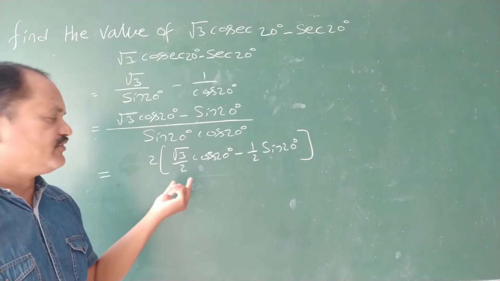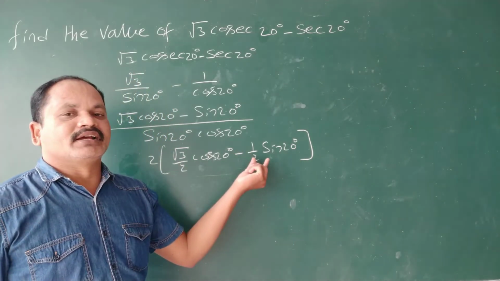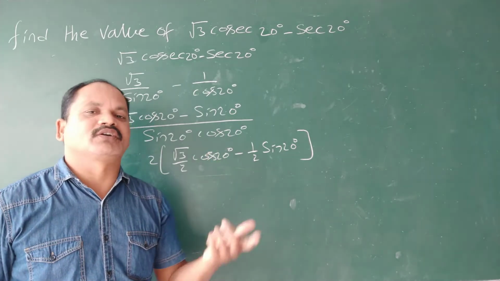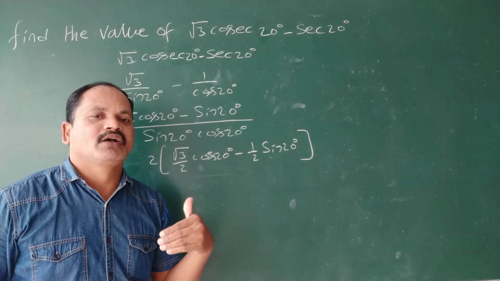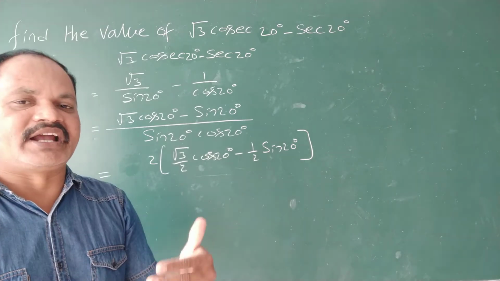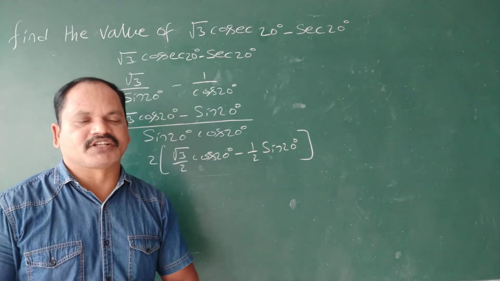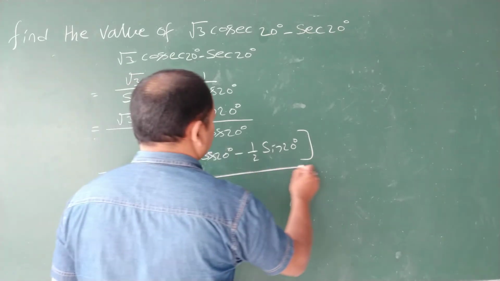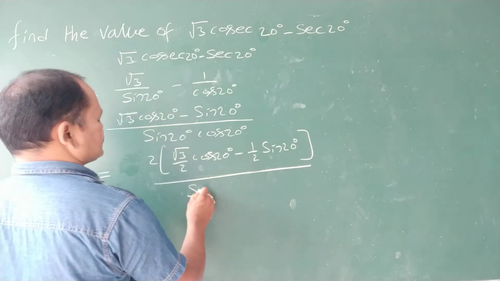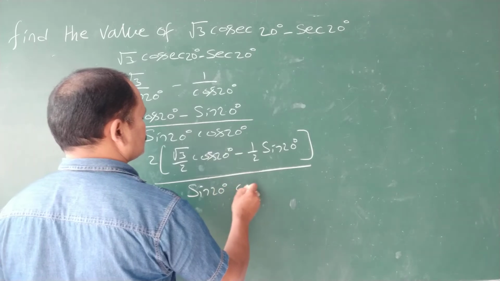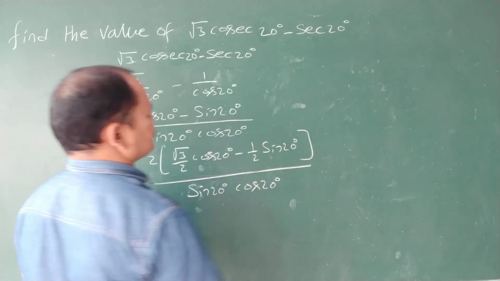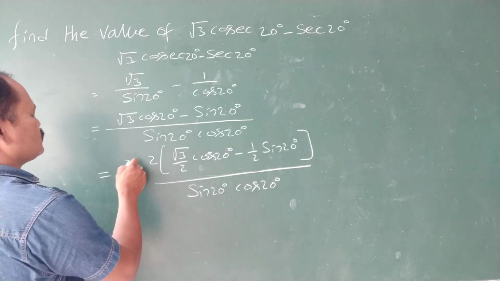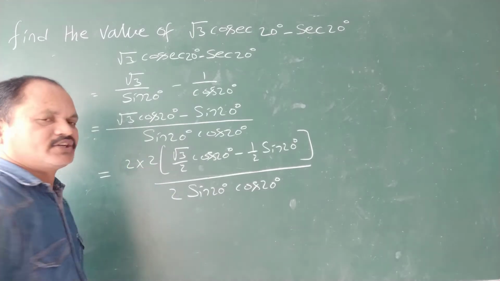For our convenience, this can be written in the expansion of sin or cos. That means sin A minus B formula or cos A minus B formula or sin A plus B formula or cos A plus B formula according to the denominator. So the denominator, observe here, sin 20 degrees into cos 20 degrees. So for this one we have to divide and multiply by 2. That's why here it is 2, here it is 2.